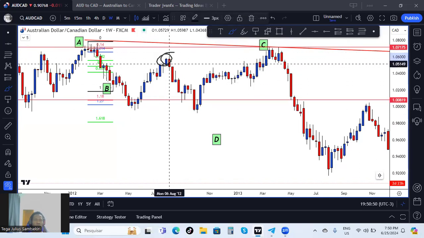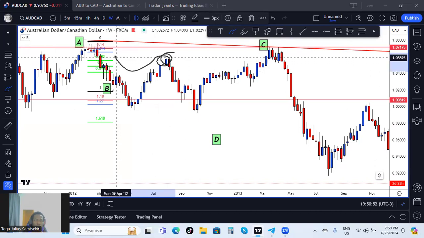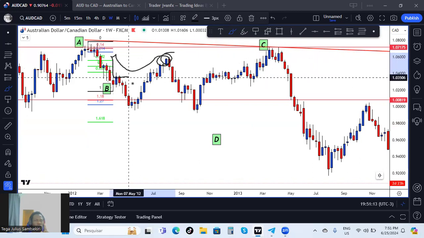Since the market reversed from here within this area, even from 1 pip, as long as it did not touch the blue area of the Fibonacci, which is 0.214, even for 1 pip, it's going to be green goes to green.